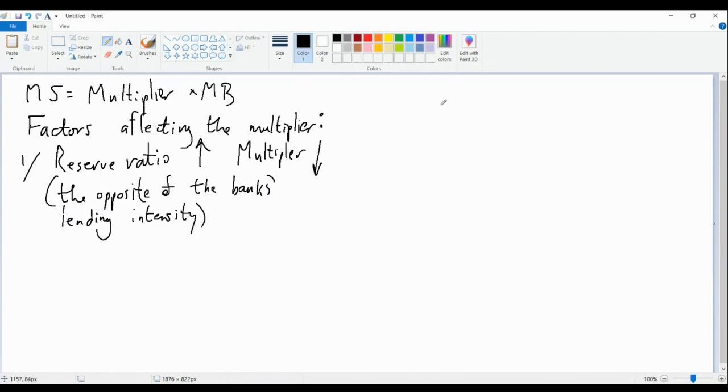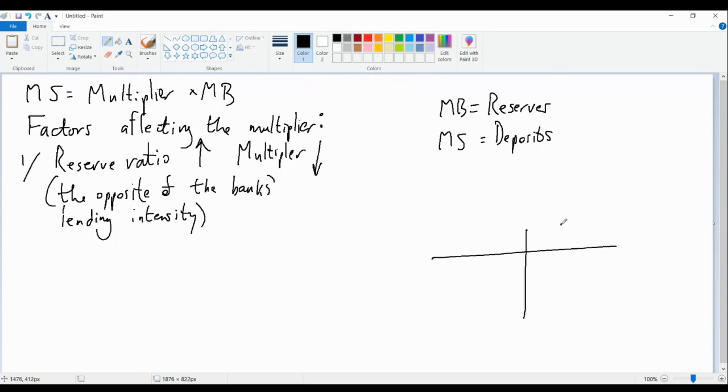Now, remember, we're in this simple world where the monetary base is reserves, there's no currency. The money supply is what? Is deposits, there's no currency. We can actually figure out what's the relationship between these two. In other words, we can figure out what is the multiplier in this simple world.